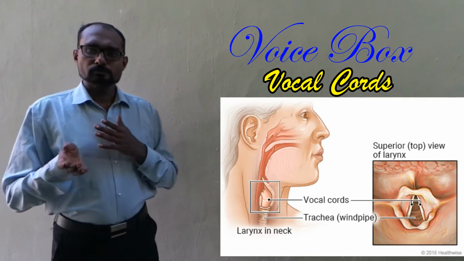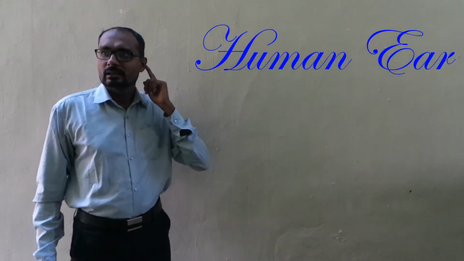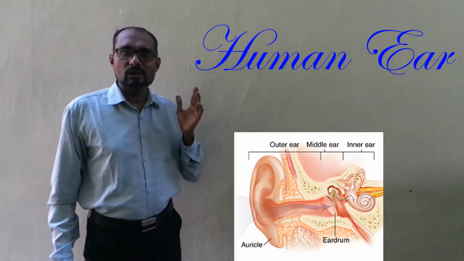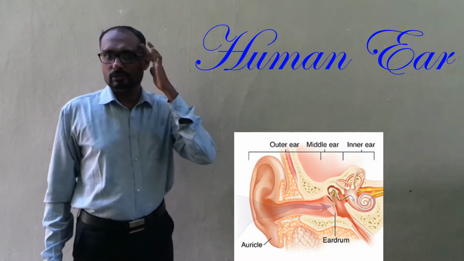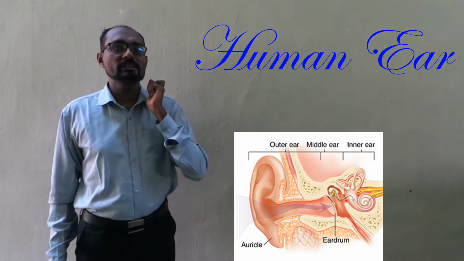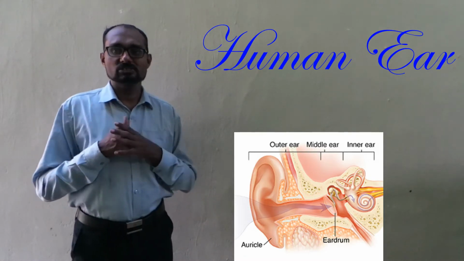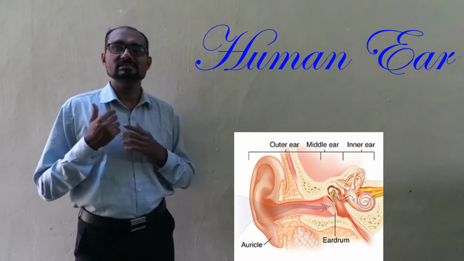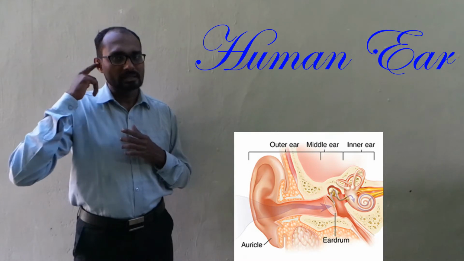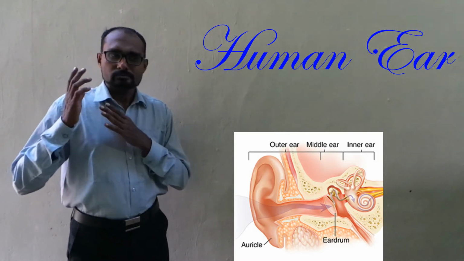Now coming to the part of hearing. Yes, the human ear. The human ear is that organ of the body which is very close to the brain. At the same time, it is the part of the body which gives us the sensation of hearing. We are able to hear something because of the ear.